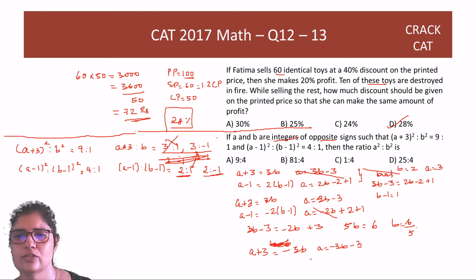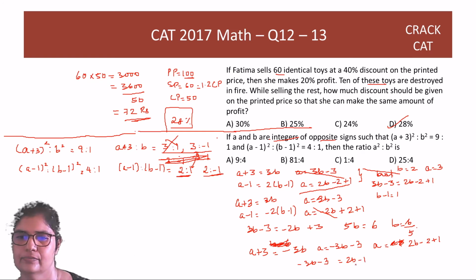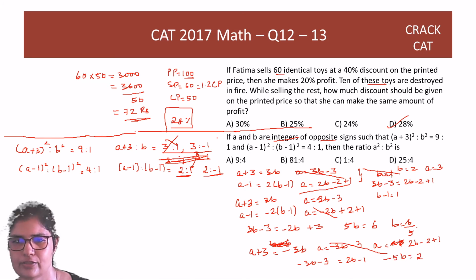So in this case you get A is equal to, ये already हमने किया है यहाँ पे, right? 2B minus 2 plus 1. So minus 3B minus 3 is equal to 2B minus 1. So you get minus 5B is equal to 2. Again, no integers.